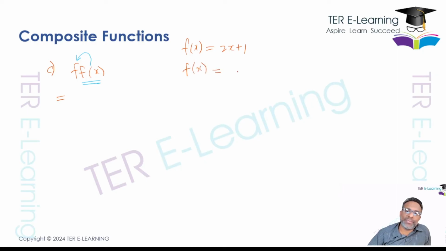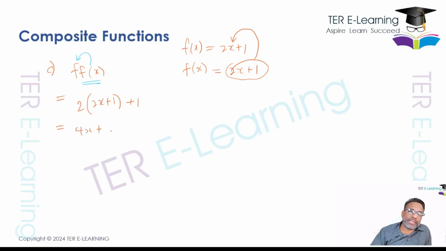So all of this, you're going to take and plug into this here. So you're plugging that into itself. So this is going to be 2, open brackets, 2x plus 1, and then we're going to add 1. So this is going to be 2 2s are 4x plus 2 plus 1. So this is going to be 4x plus 3. So that's my function f of f.